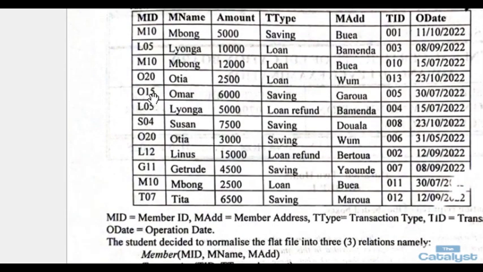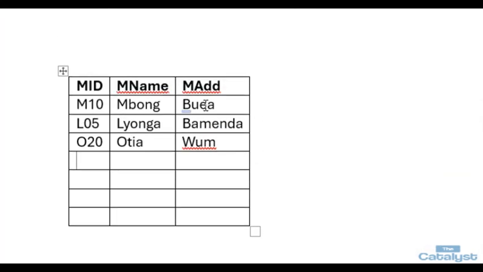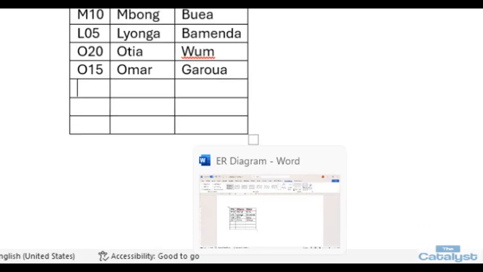The next is O15. Okay, O15, Umar and Garwa. So O15, Umar, Garwa. So let's move.